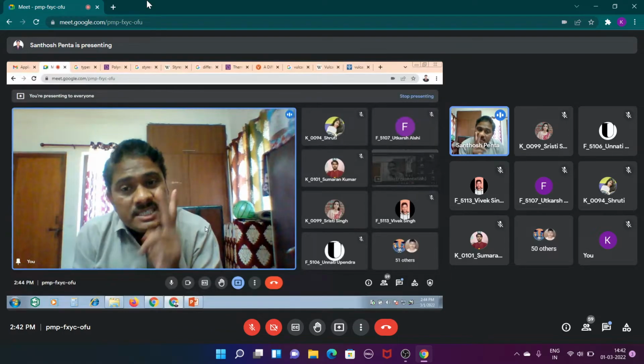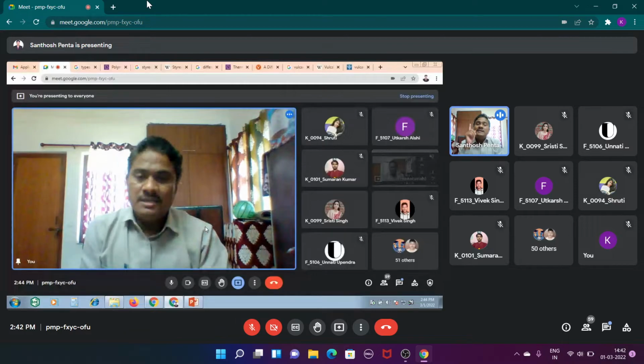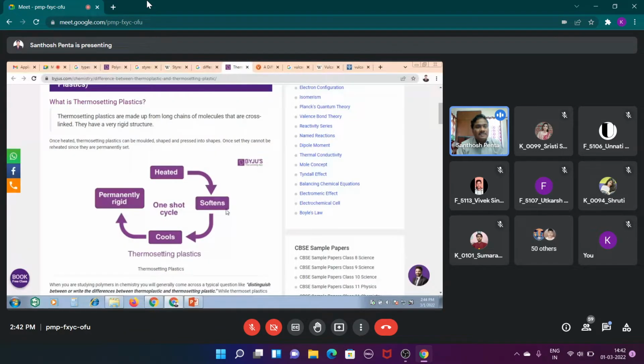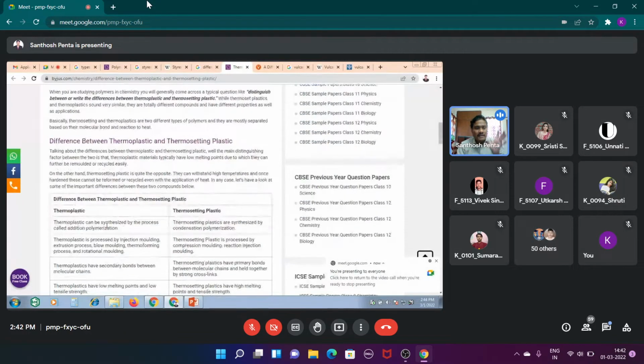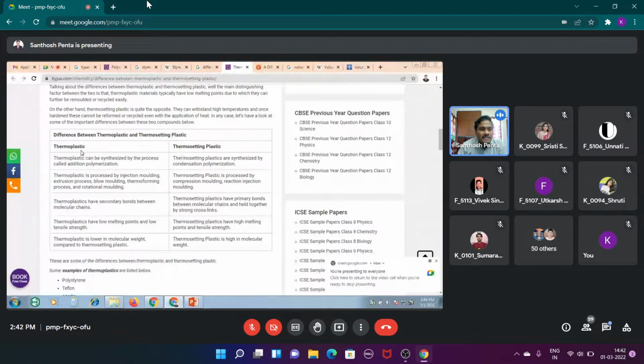Now, the plastics are of two types. What are those? Thermoplastics and thermosettings. What are the thermoplastics and what are the thermosettings? It was given here. There are two types of plastics, thermoplastic as well as thermosetting polymer. What is the difference between thermoplastics and thermosettings?